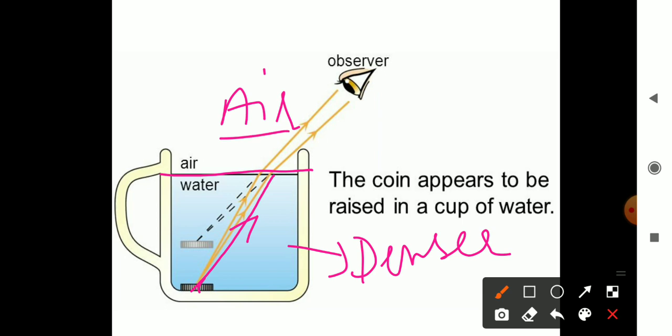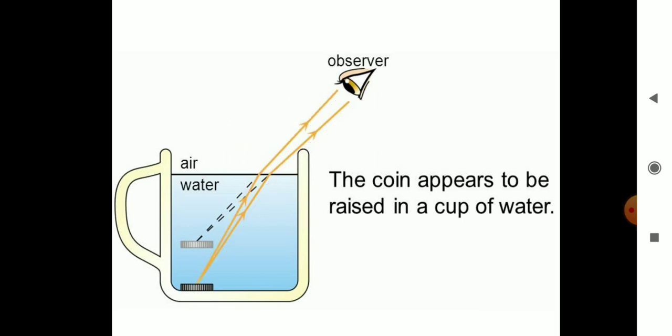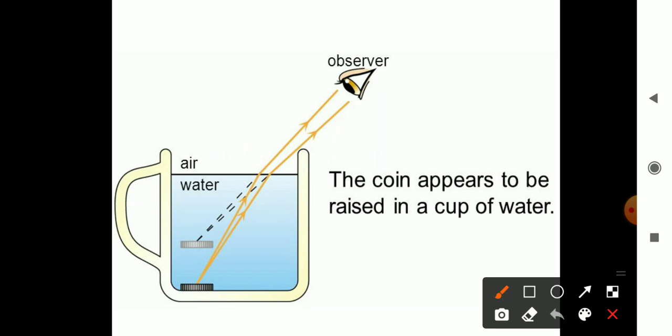So when the light moves from a denser to a rare medium, it will bend away from the normal. Suppose there are two rays, then they will bend away from the normal. For the observer it appears that these two rays are coming from a point here.